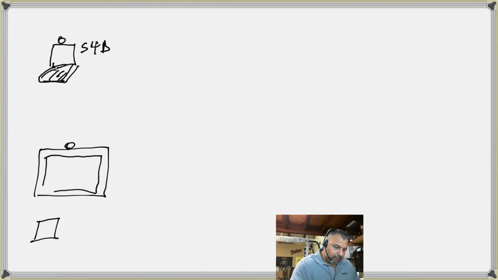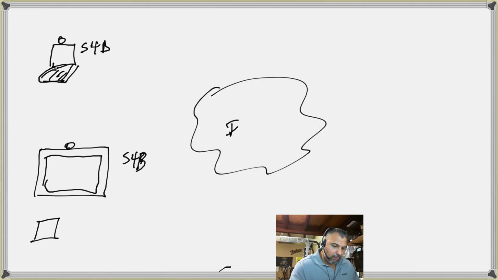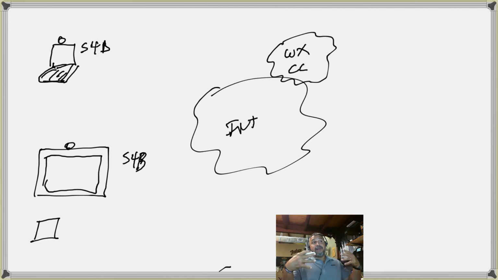This is a big room system, and this is also a Skype for Business. All right, let's draw the big bad Wild Wild West internet here. And obviously, connected to the internet, we have this Webex collaboration cloud where all these meetings take place, right? There are bridges in there, there are MCUs and all these things.